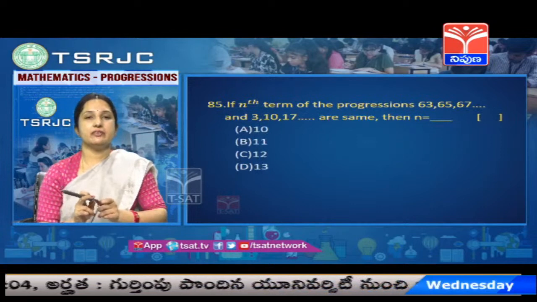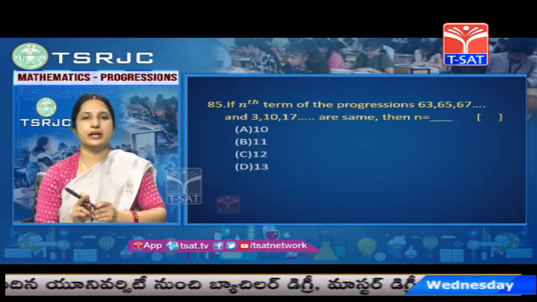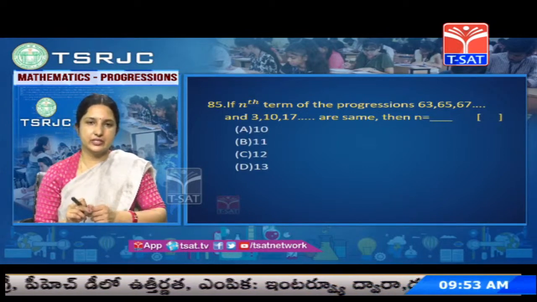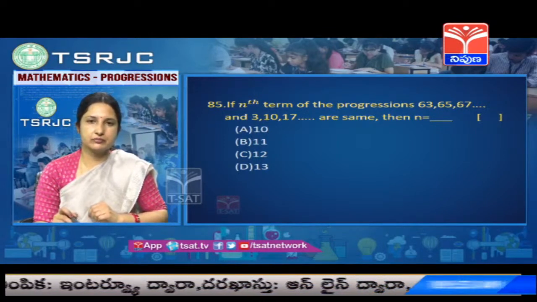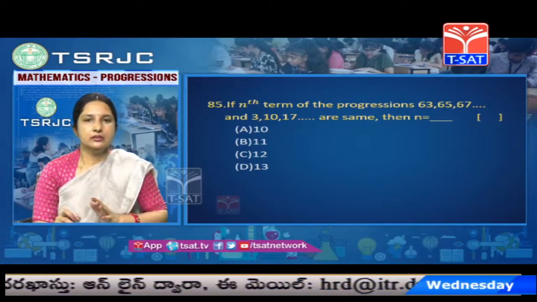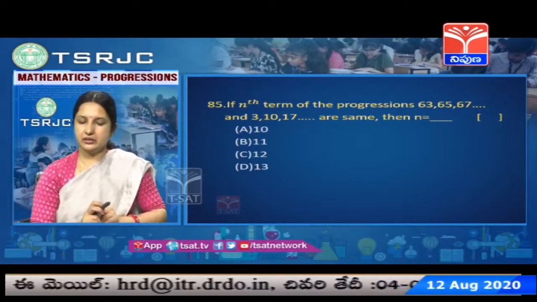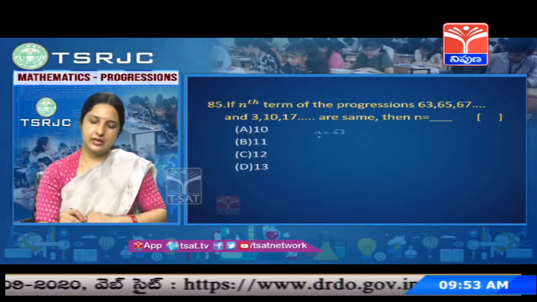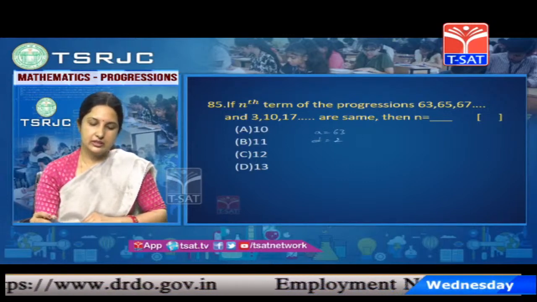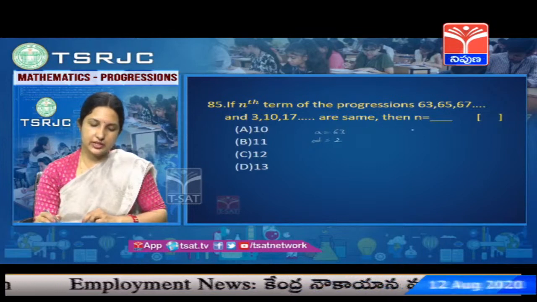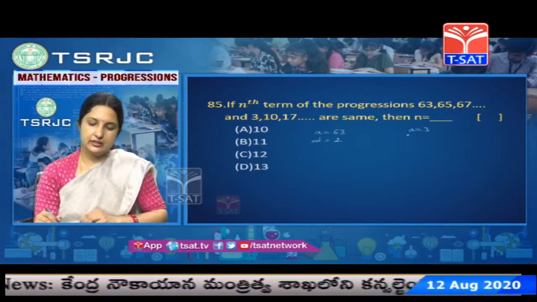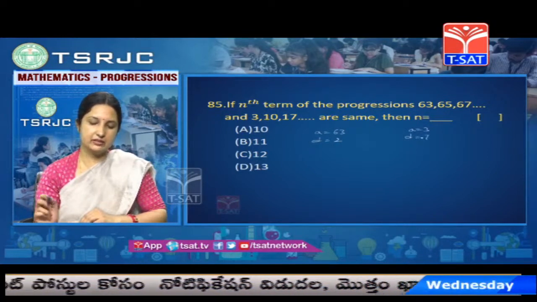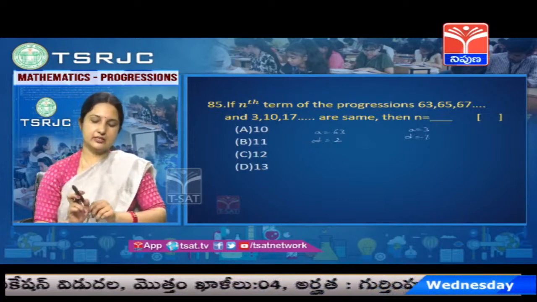నెక్స్ట్ క్వశ్చన్ నెంబర్ 85. If the nth term of the progression and that and this are same, then n equals to what? First question, these are in AP, arithmetic progression లో ఉన్నాయమ్మా. సో ఫస్ట్ దానికి a equals 63 and d equals 2, then second progression లో a equals 3, d equals 7, 3 plus 7, 10, 10 plus 7, 17, అలా d equals 7.